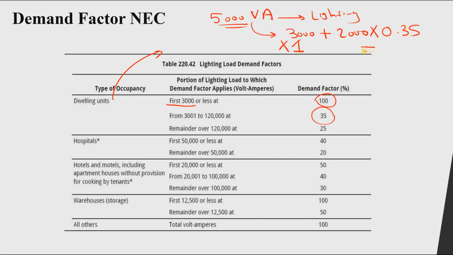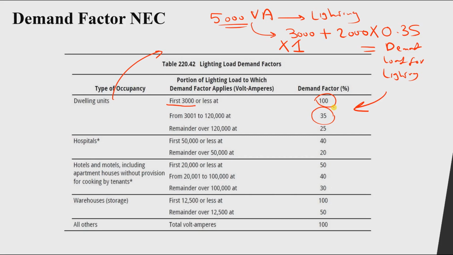You will get the demand load for lighting. So this can be used in designing our panel. You can see that in the panel schedule, at the beginning of the lesson, I used lighting with a demand factor of 100%.